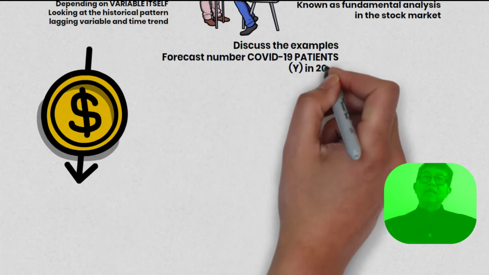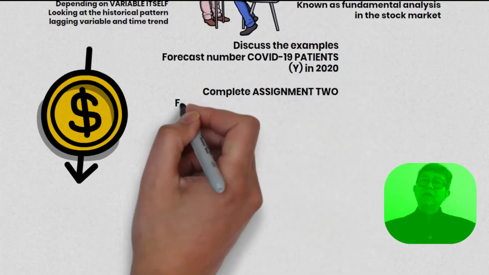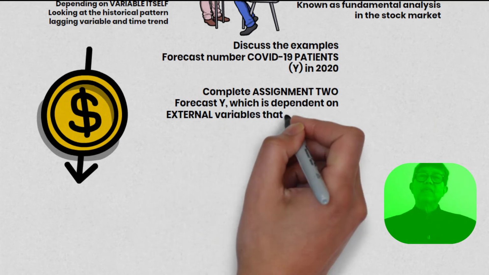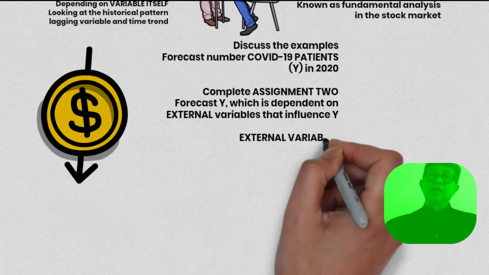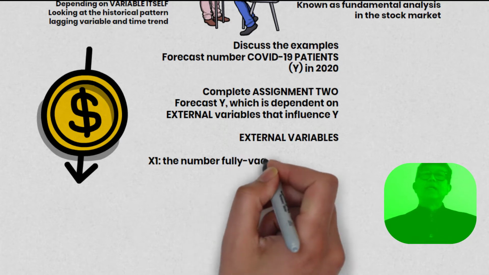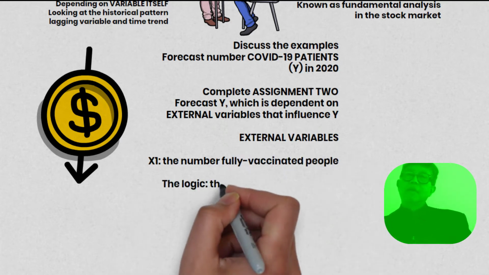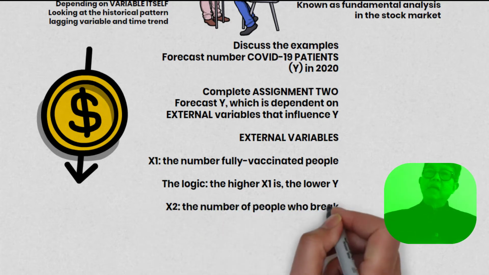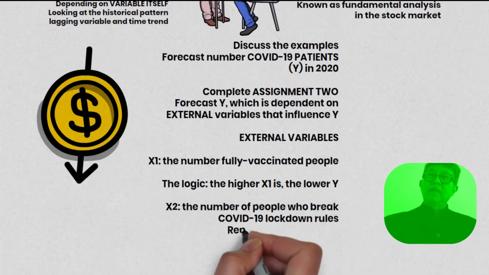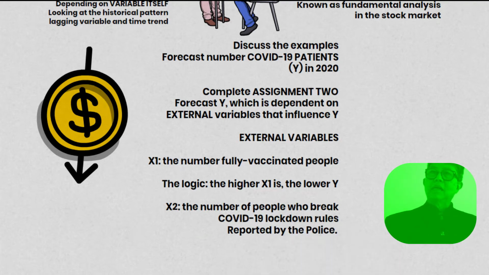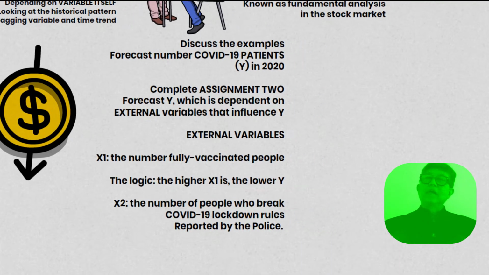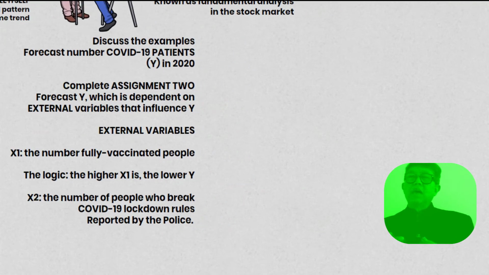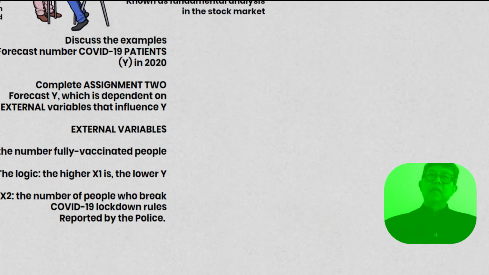These external variables can include, for example, x1 as the number of fully vaccinated people. The logic suggests that the higher x1, the more people vaccinated, the lower y, the lower the COVID-19 patients, because of less infection. And then x2 can be the number of people who break COVID-19 lockdown rules, as reported by the police.